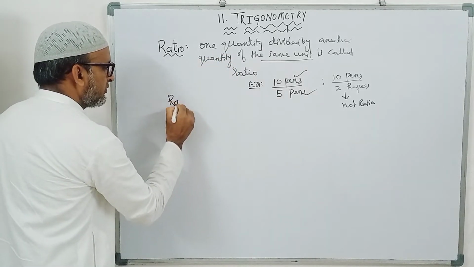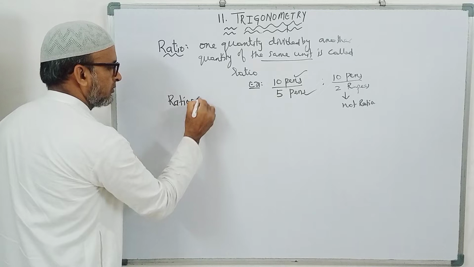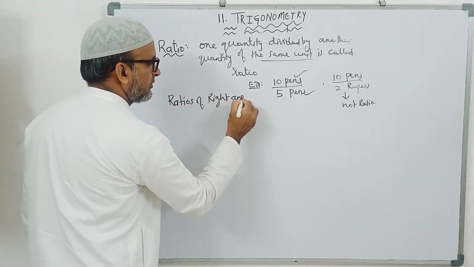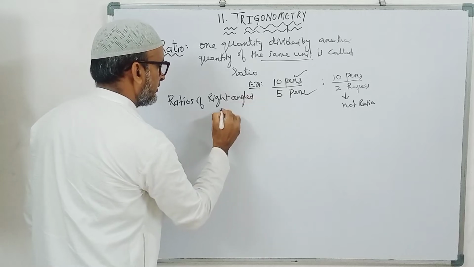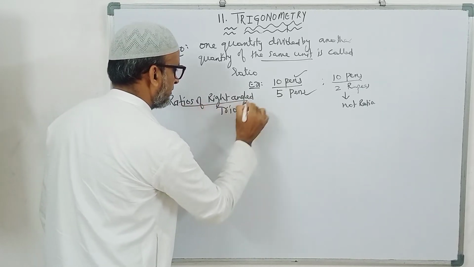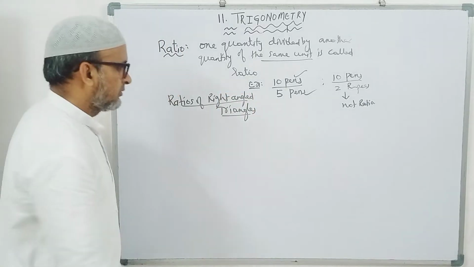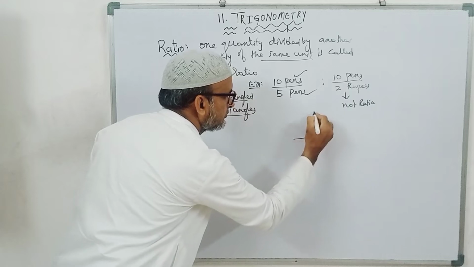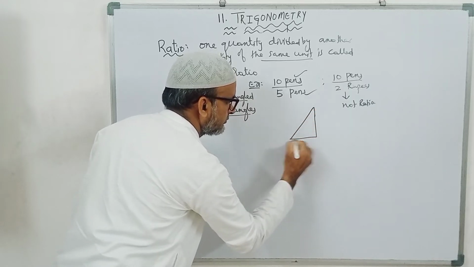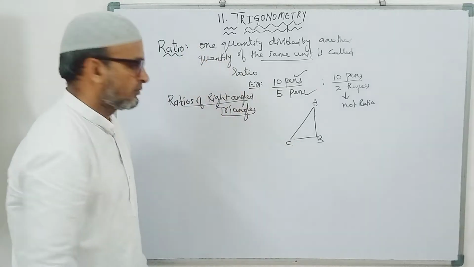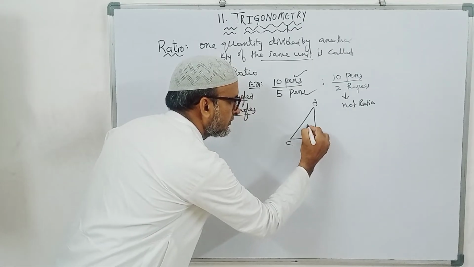Ratios of a right angle triangle. See here, I am drawing. Here the angle is 90 degrees.